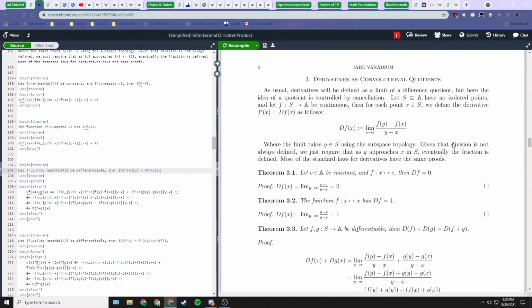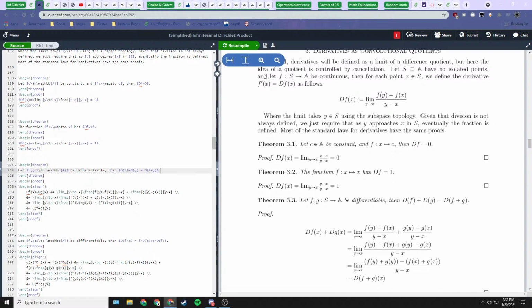So I can probably add a little more exposition in between. So blah blah, no isolated points. This is continuous. At each point x, we define this derivative as follows.